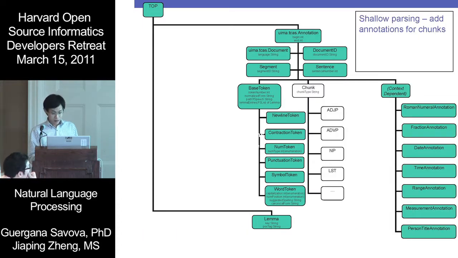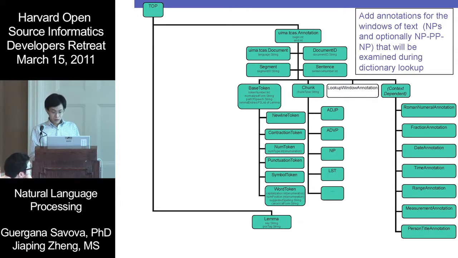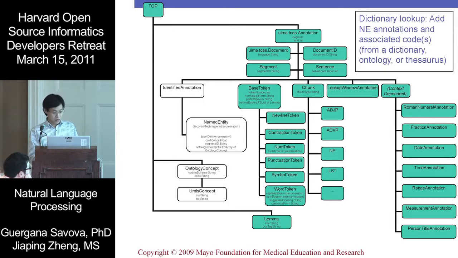Then we have the chunk, which is the shallow parser, to recognize adjectival phrase, adverbial phrase, noun phrase, list, etc. Lookup window annotation is more or less an internal structure that defines which chunk of the text to look at for potential named entities. And here, the identified annotation is the core of the named entity recognizer.